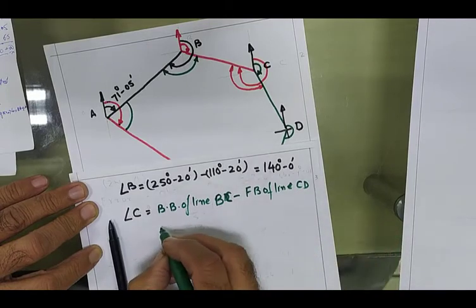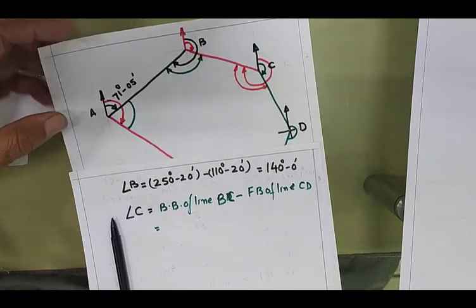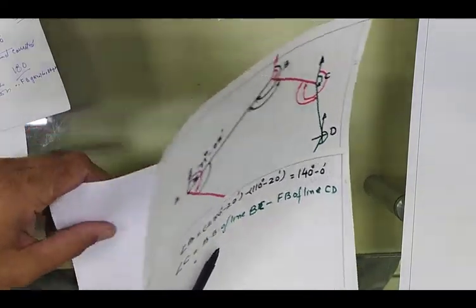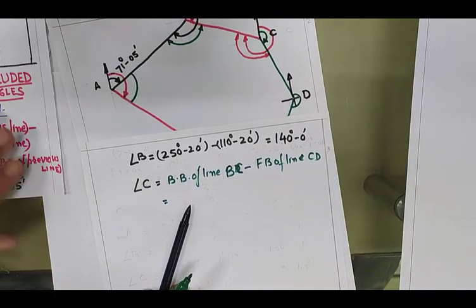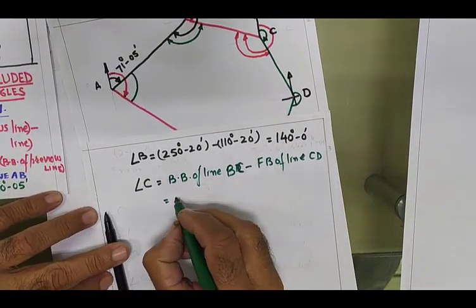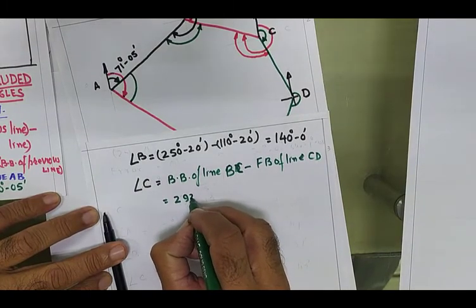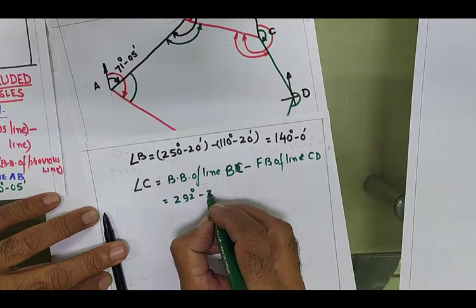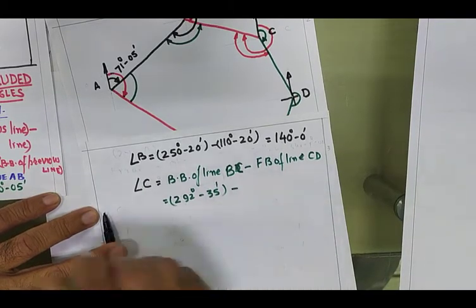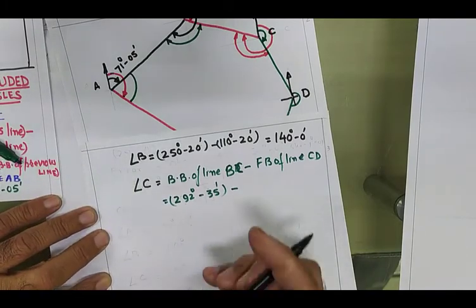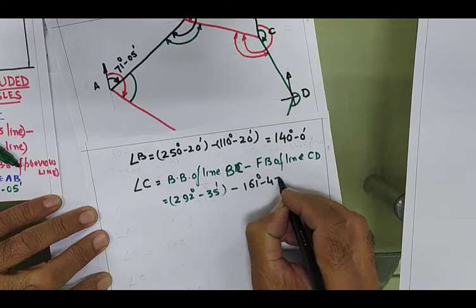So substitute these values. The back bearing of line BC is 292 degree 35 minutes, minus the forward bearing of line CD, 161 degree 45 minutes.